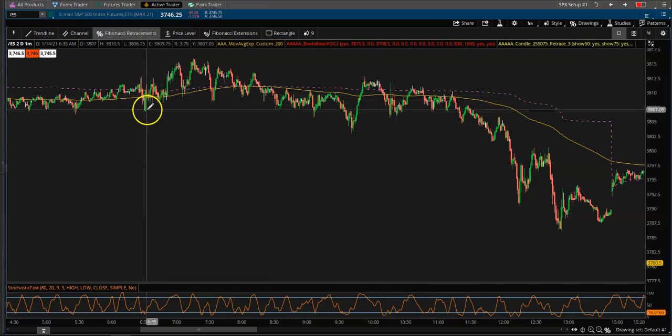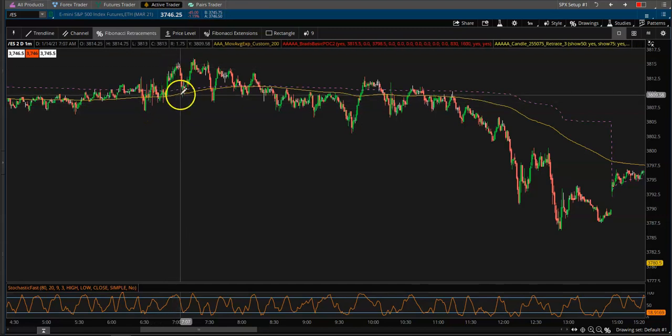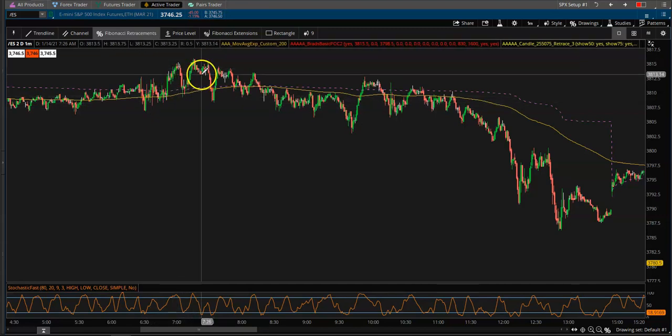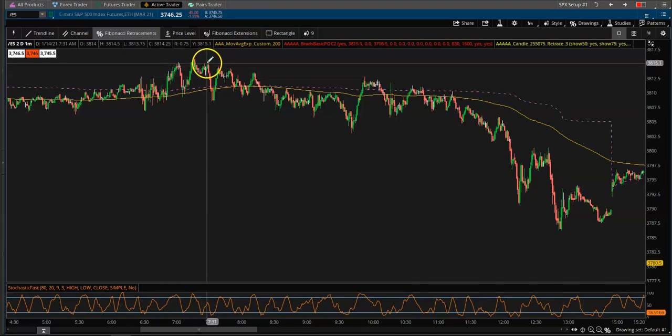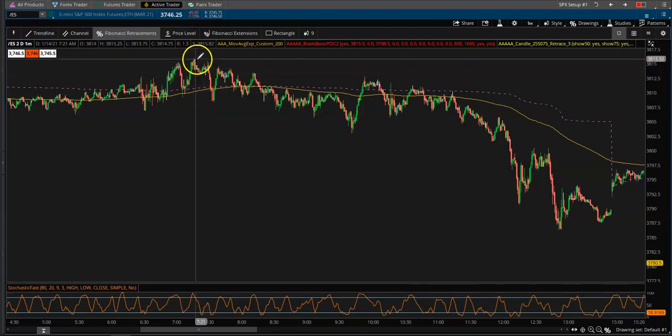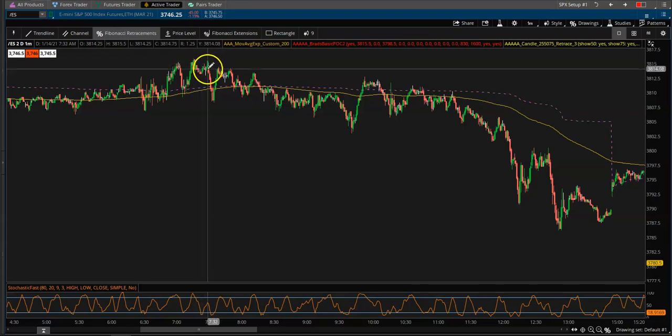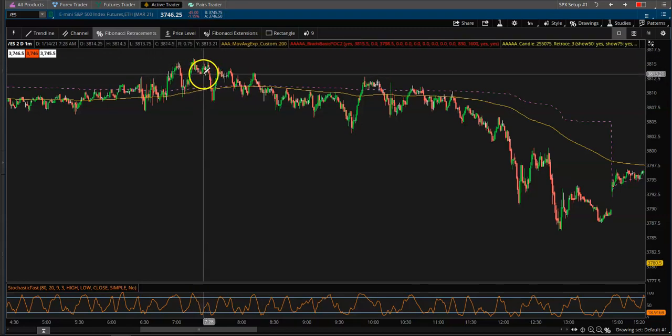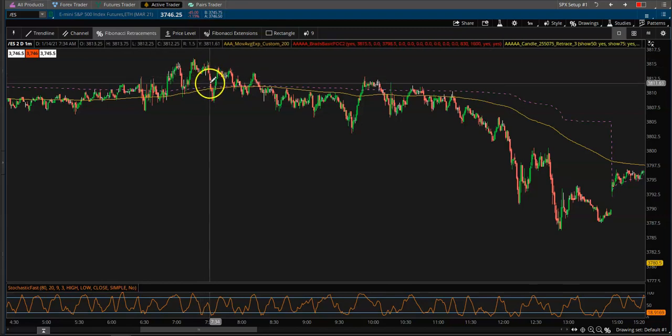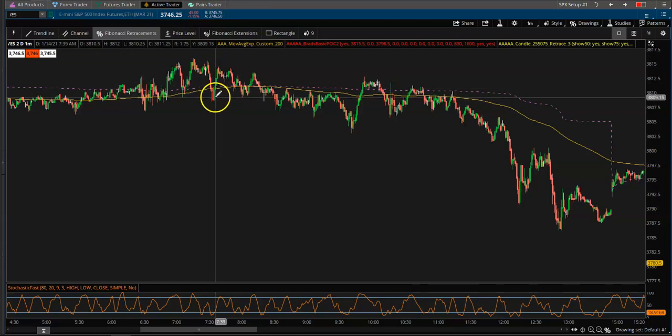Pull back, we have a higher low, higher high, higher low, higher high, higher low, and then price tries to rally, but then it fails right here, right? It fails, and then we take out this low right here. All this price action takes out this low, and now we're in a downtrend.